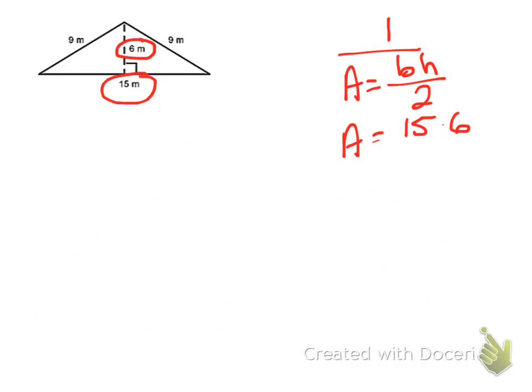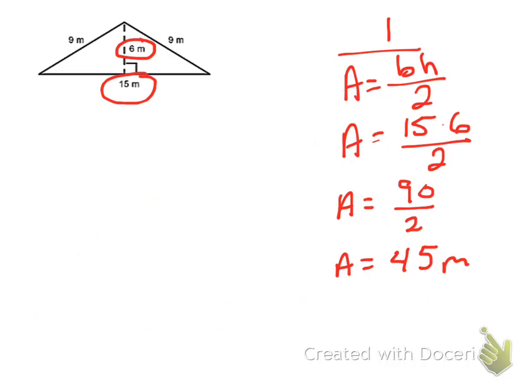So I'm going to multiply that times 6, and I'm going to divide that by 2. So I'm left with 15 times 6. Well, if I type that into the calculator, that's going to give me 90, and then I'm going to divide that by 2. So if I take 90 divided by 2, it's going to get me 45. And don't forget my label, which is meters squared.